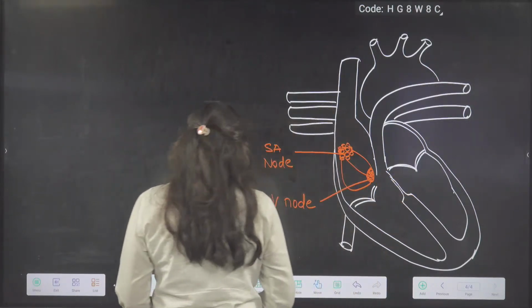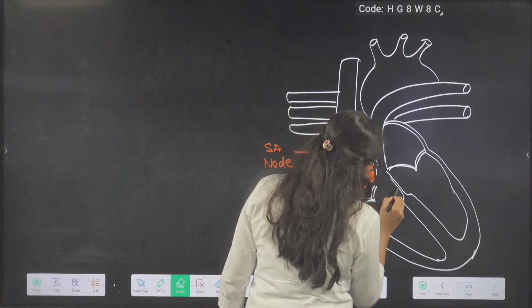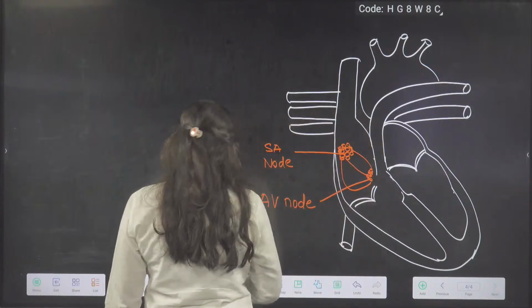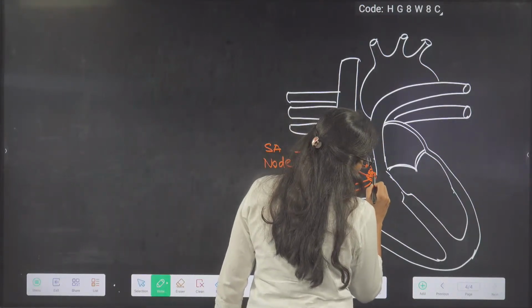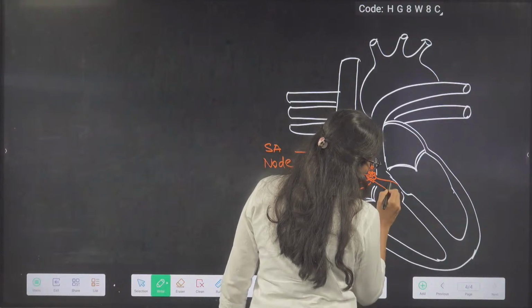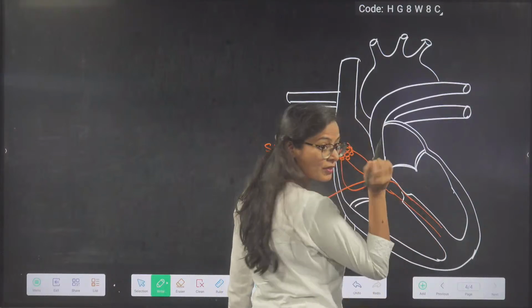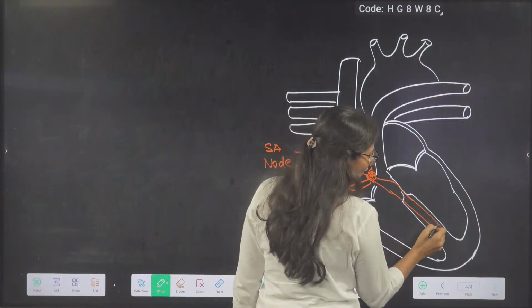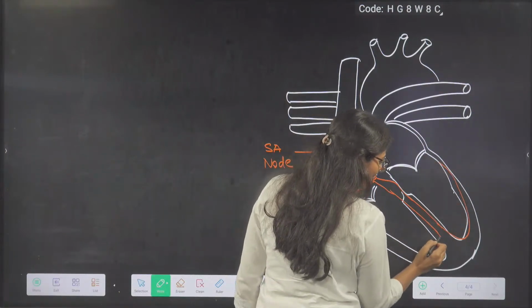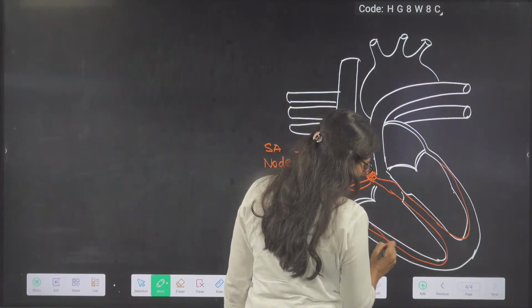Then from here, it divides into two structures like this. All are muscle tissue. The one which I am drawing with this color, all represent the muscle tissues only.